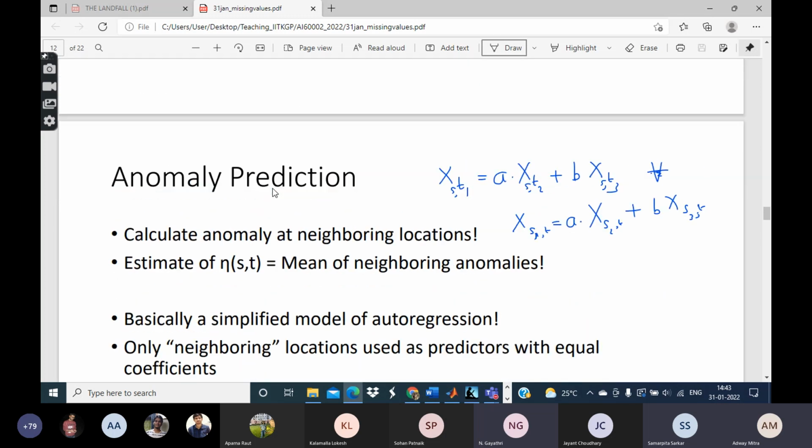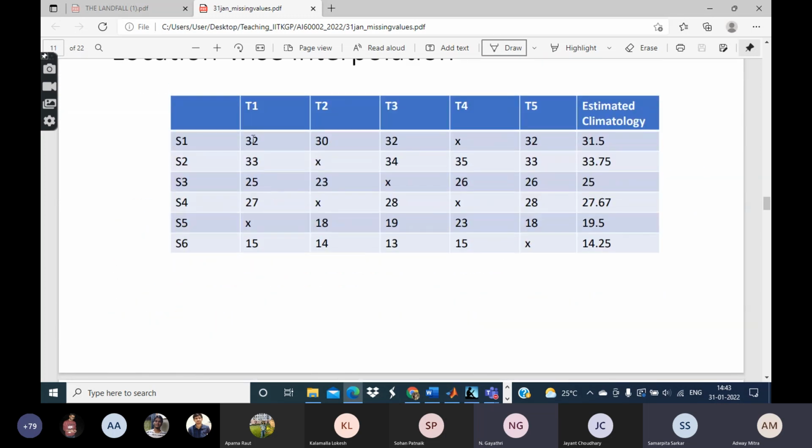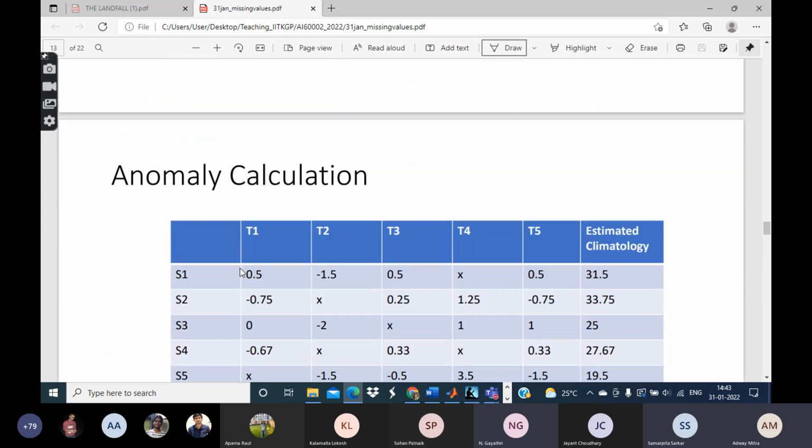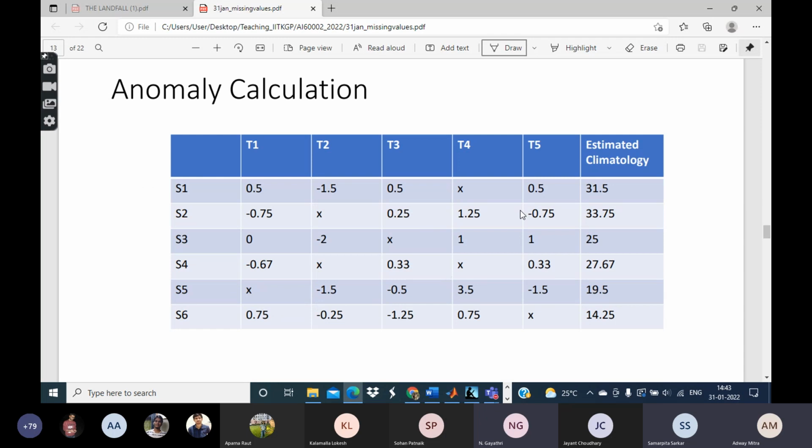So in this table, the observation is 32, and the estimated climatology is 31.5. So the anomaly here is 32 minus 31.5 equal to 0.5. So we put 0.5 here. Similarly, at all the other locations and time points, we subtract the climatology and get the values of the anomalies.